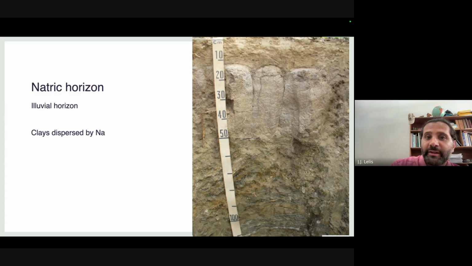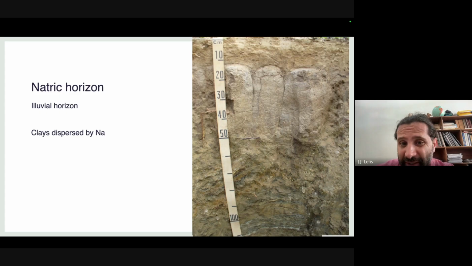And we saw the diagnostic criteria for each of these diagnostic horizons. Okay, so it's quite important to at least highlight and memorize the main characteristics of each one, because they are quite different between them.